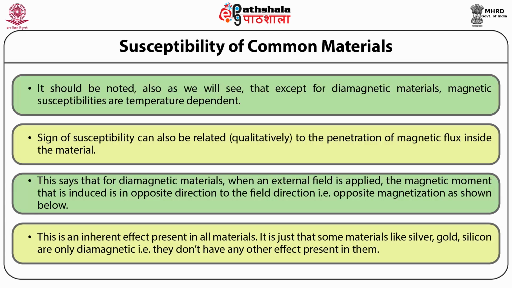It is just that some materials like silver, gold, silicon are only diamagnetic, that is, they don't have any other effect present in them.